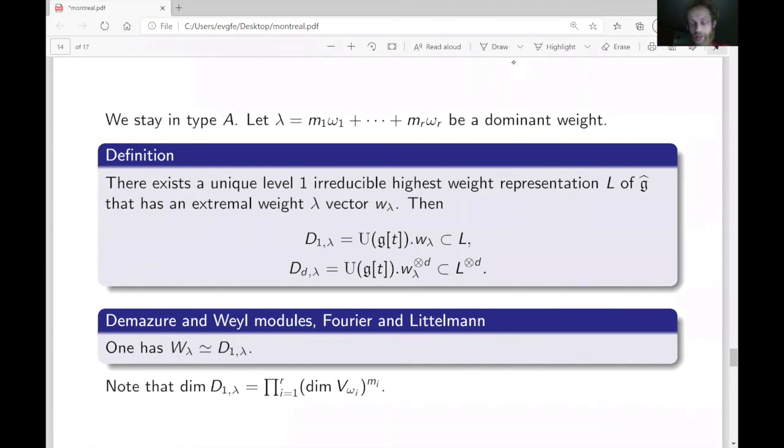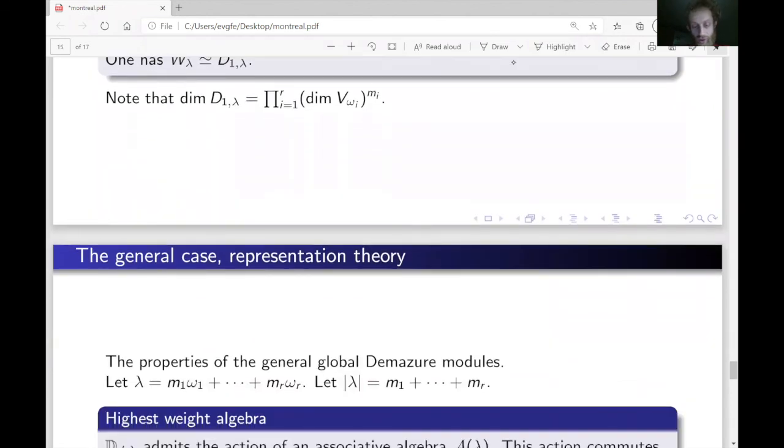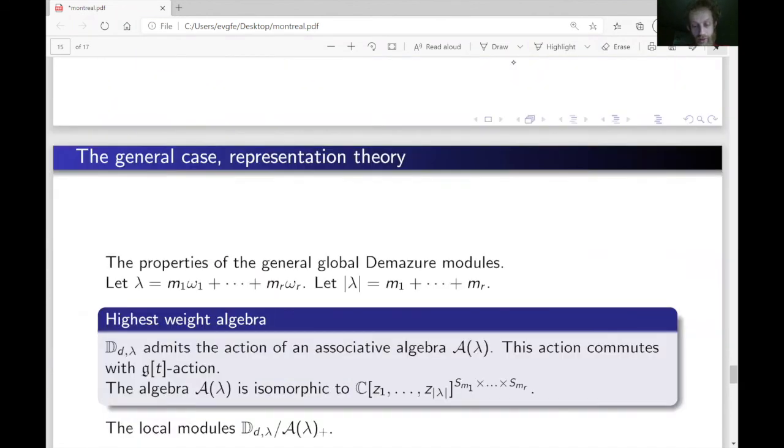Otherwise, unfortunately, I don't have time now to give more details. But there are natural substitutes to the modules above. Let me show you the statement.